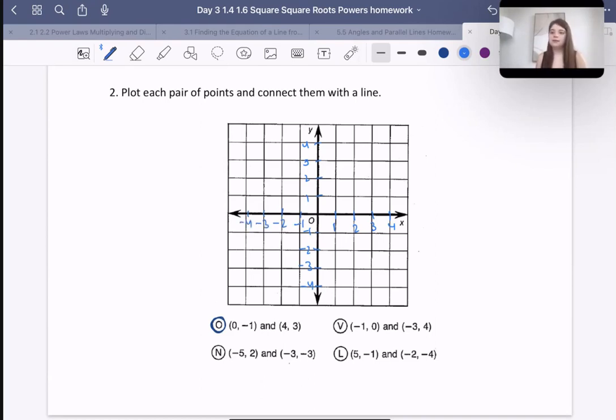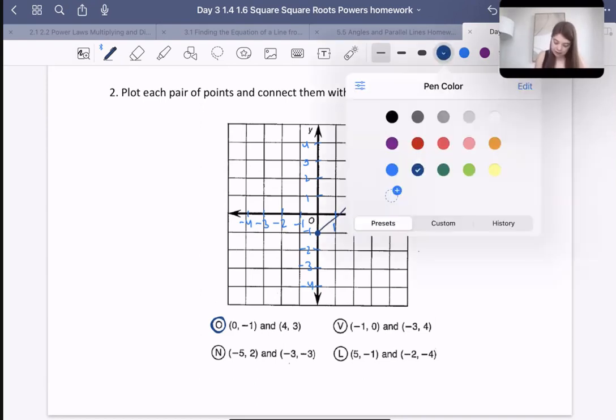All right. Okay. So let's do 0, -1, and then 4, 3. So that would be here and here. And there we go. Okay.